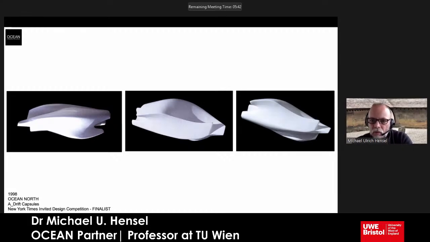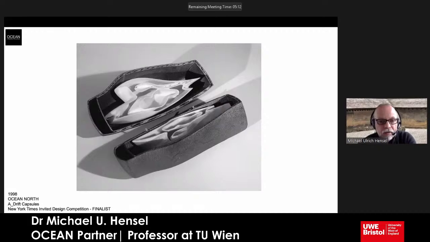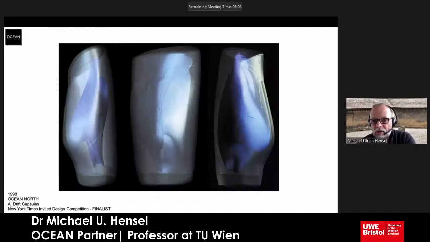And our idea was that none of the capsules would be identical, that we would actually use the ability of the computer, meaning computer-aided design and computer-aided manufacturing, as a way of conveying the sensibility in the industrial shift from making many more or less identical copies of an object to making different objects out of a process. So the inner and the outer capsule, some more studies of this.